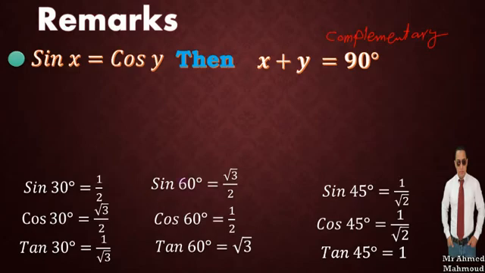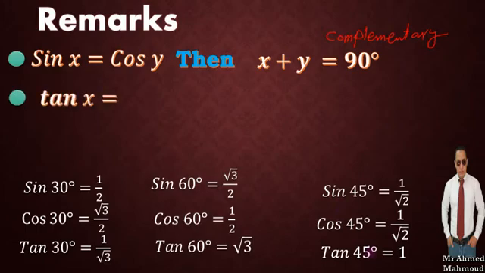Another example, if we divide sine 60 by cosine 60, root 3 over 2 divided by 1 over 2, it gives root 3. Then sine 60 over cosine 60 equals tan 60. Also 1 over root 2 divided by 1 over root 2 equals 1, so sine 45 over cosine 45 equals tan 45.